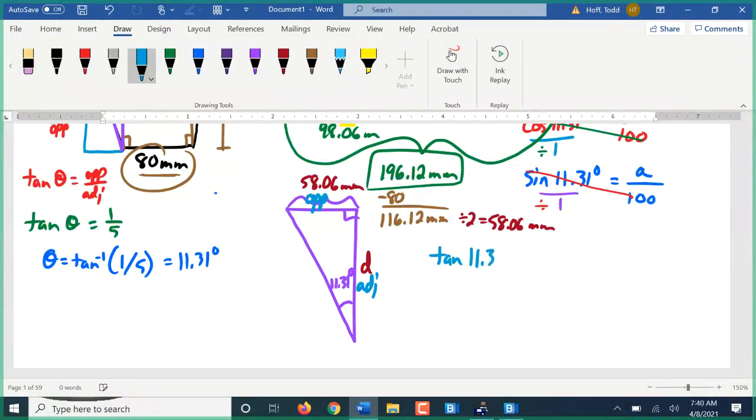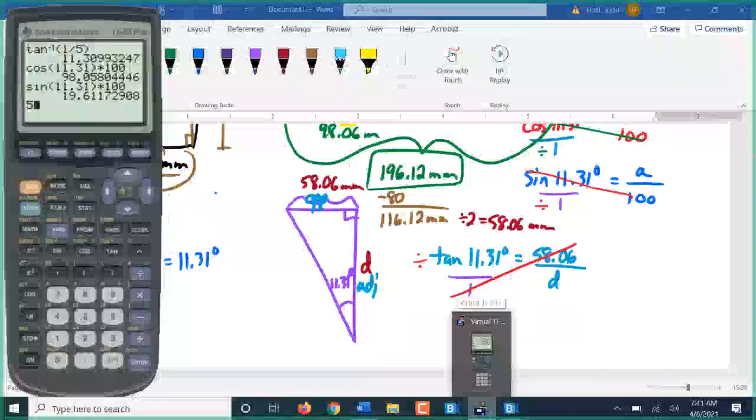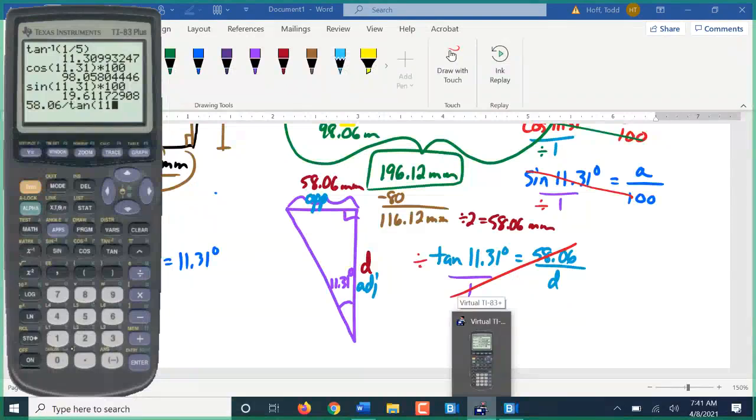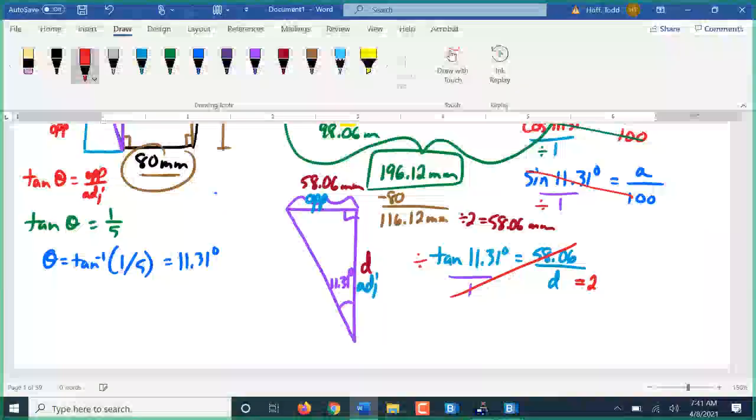So the tangent of 11.31 degrees is the opposite side, 58.06, over the adjacent side, D. Put that over 1 so I can cross multiply and divide. 1 times 58.06 is 58.06, divided by the tangent of 11.31 gives me 290.30 millimeters.